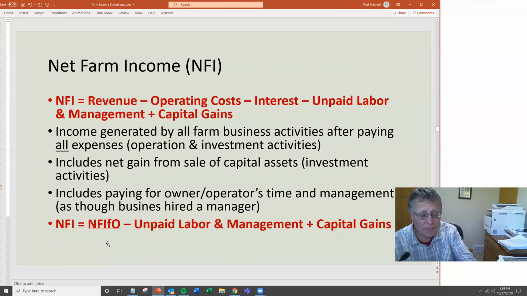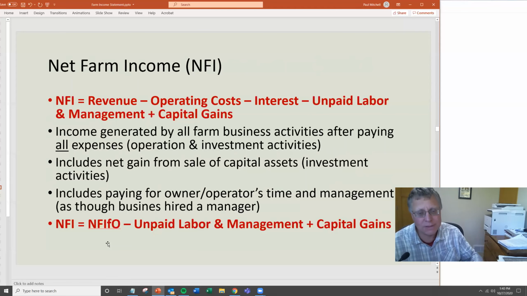Net farm income also includes the labor and management and then returns from your investment activities. I like to think of those as the three hats the farmer wears: labor, management, and investor. Net farm income from operations is your returns from labor and management. Net farm income for the business is your returns as labor, management, and investor.